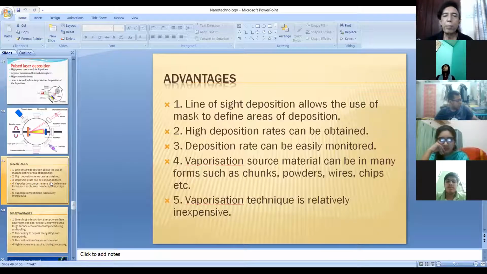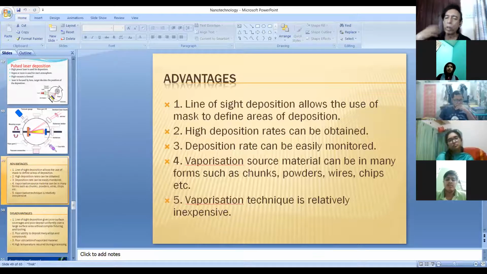And the other most important thing is the vaporization source material can be in many forms, like chunks, powders, or chips. For example, you can take aluminum powder, wire, chip, or chunk, whatever it may be. You can keep it in a porcelain crucible or in a boat, and you can vaporize it.